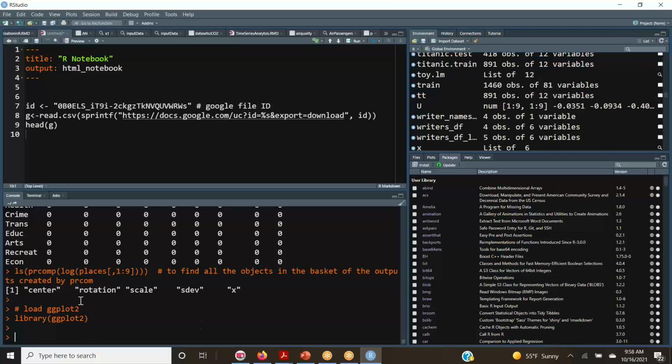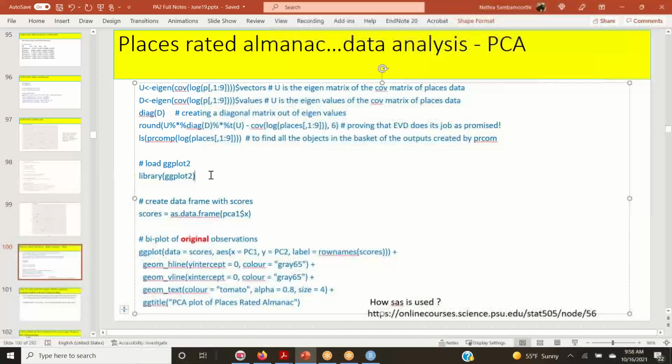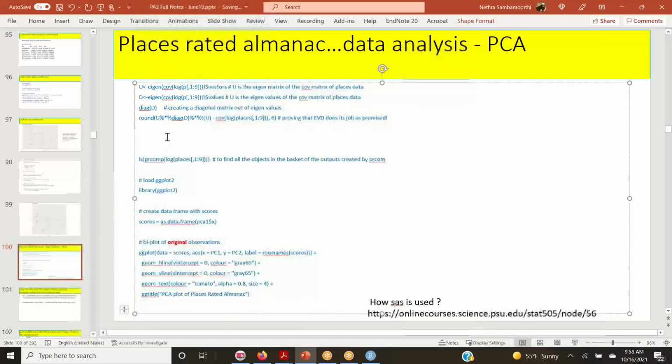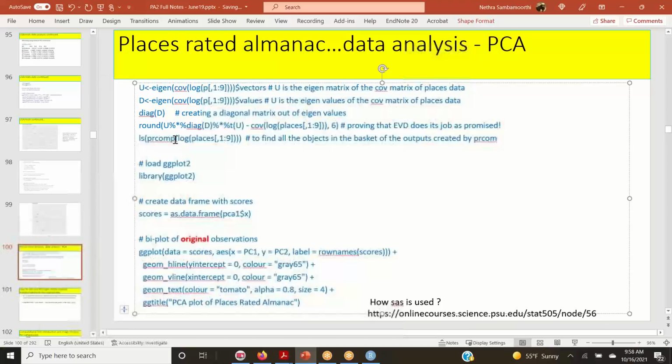So, the rotation I explained, I want you to, in the prcomp, I will write it here. We did ls, remember that? ls is part of the programming.